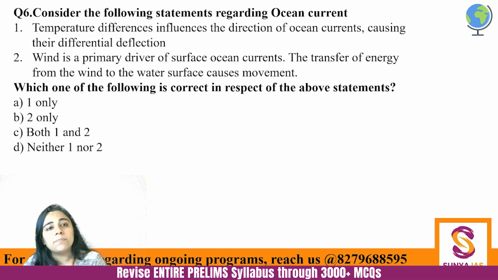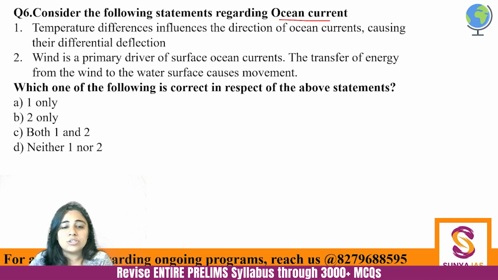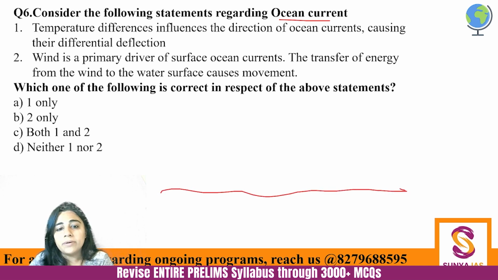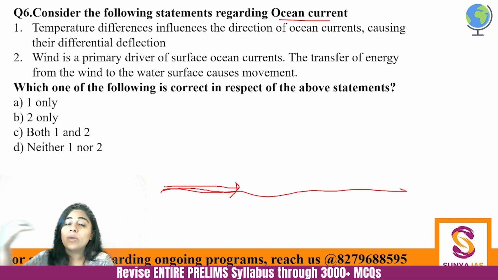So, what happens basically? We are talking about ocean currents. Just like we talked about the winds, the local winds, the perennial winds, similarly, there are ocean currents also. I will just explain to you. This is the ocean water. Ocean currents are like small rivers of water flowing above the ocean.